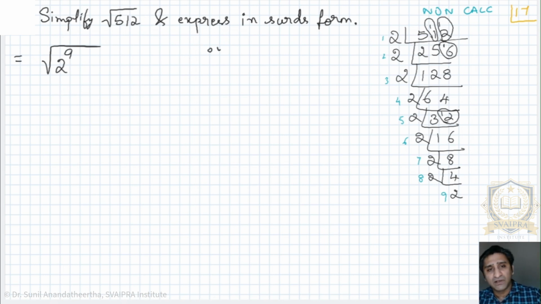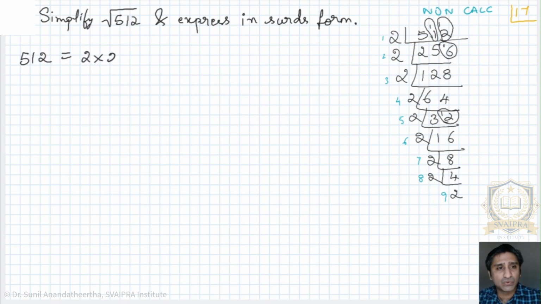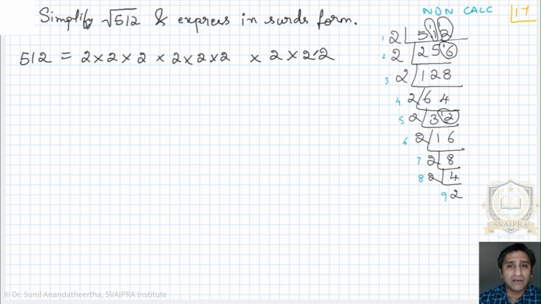Let me write it out: 512 is 2 times 2 times 2 times 2 times 2 times 2 times 2 times 2 times 2.